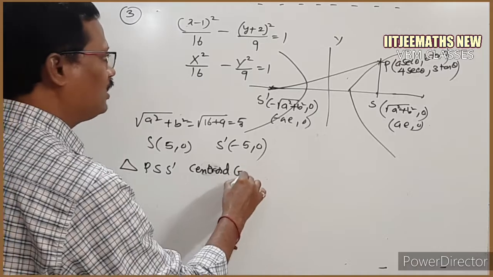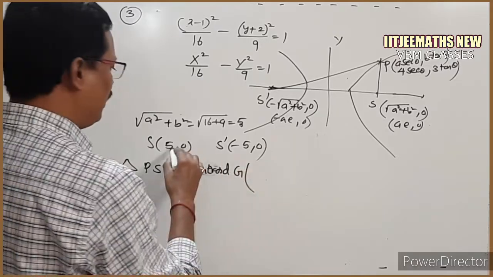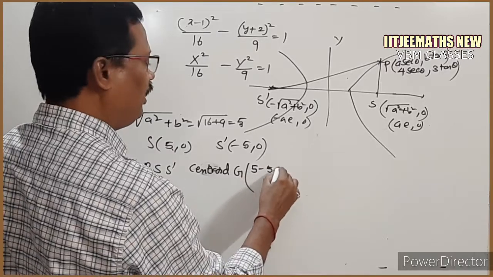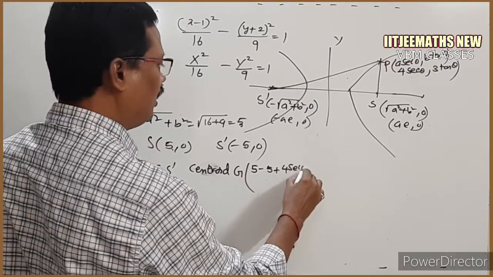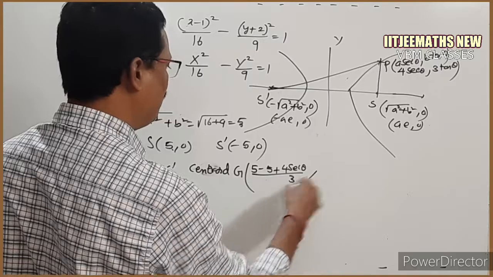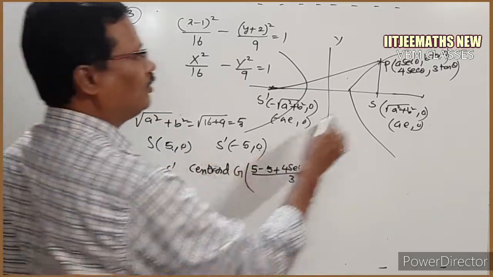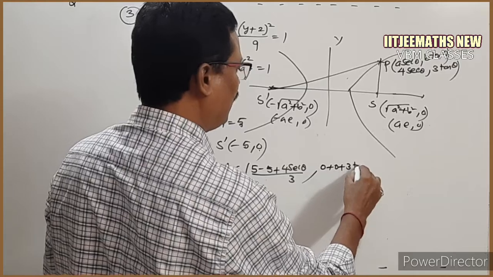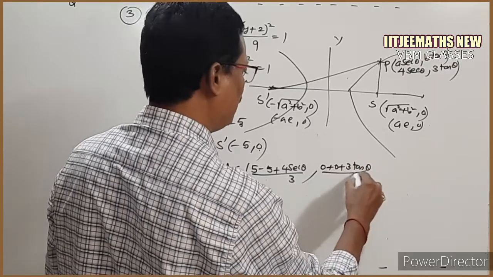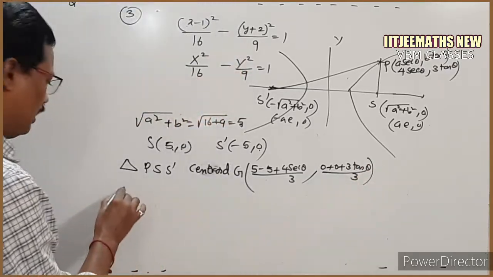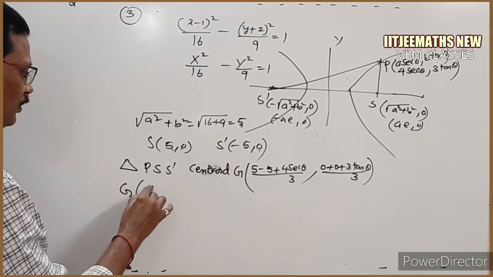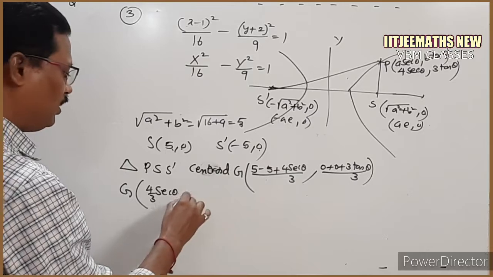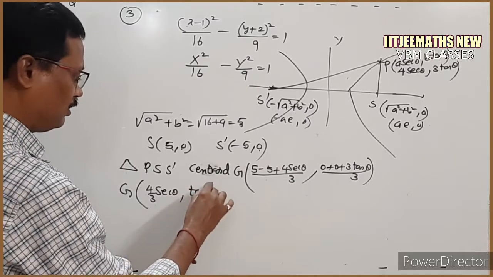Centroid of the triangle G is (x1 plus x2 plus x3) by 3, comma, (y1 plus y2 plus y3) by 3. That is (5 minus 5 plus 4 sec theta) by 3, comma, (0 plus 0 plus 3 tan theta) by 3. Therefore, the centroid we got is (4 by 3 sec theta, comma, 3 by 3 cancel, tan theta).